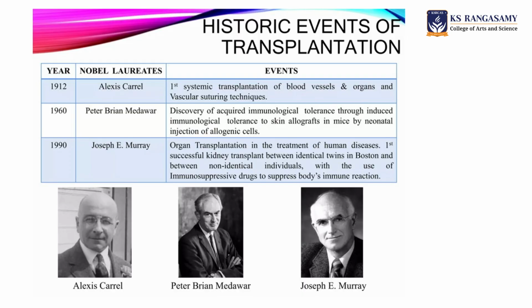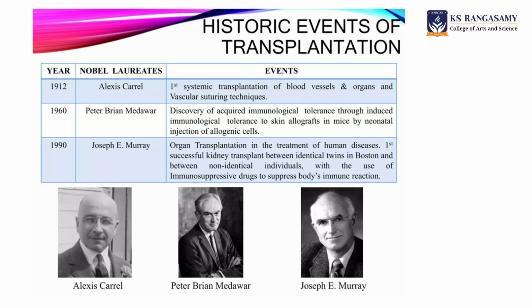Several scientists have researched in the field of transplantation, and a few of them received a Nobel Prize. In 1912, Alexis Carrel did the first systematic transplantation of blood vessels, and in 1960 Peter Medawar discovered that the immunological response is the reason for transplant rejection.